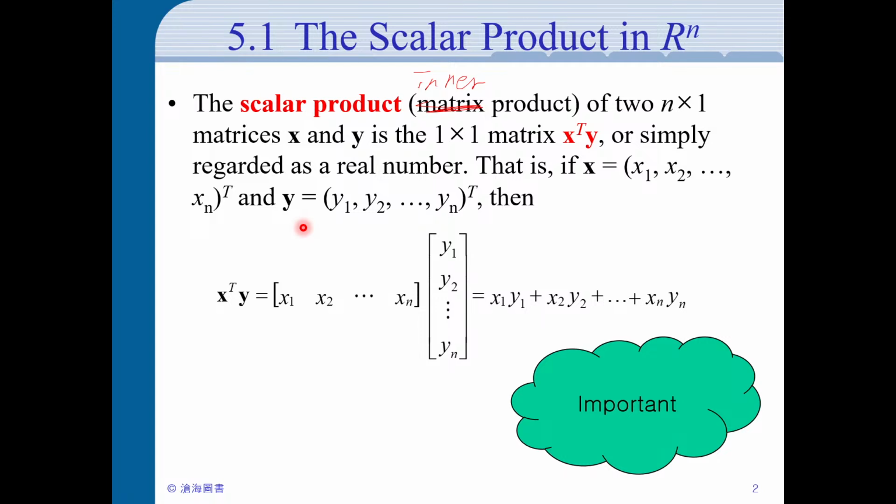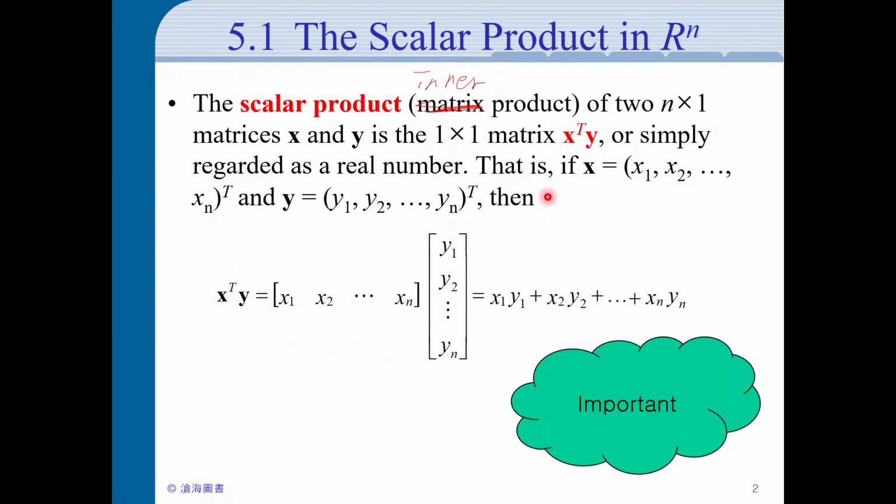Okay? It's really a trivial distinction. But here the scalar product we are defining on two column vectors x and y, and you do the scalar product between them, and it becomes a number. Hopefully you learned this in high school.